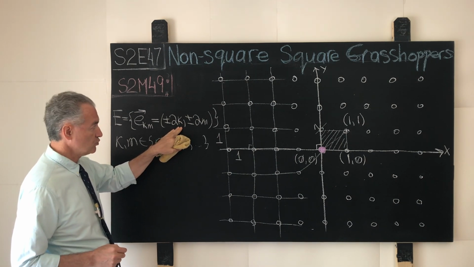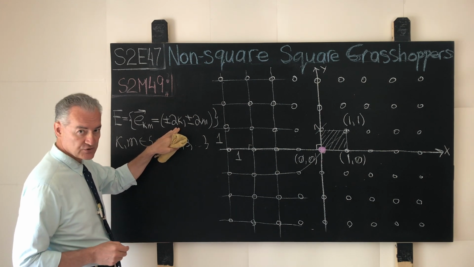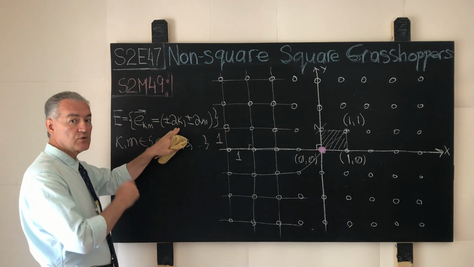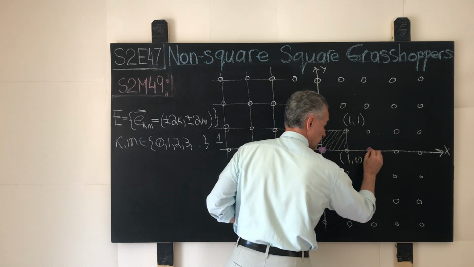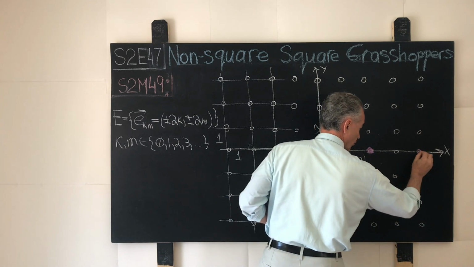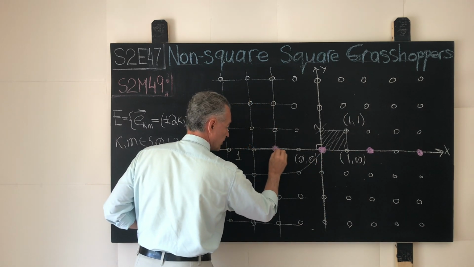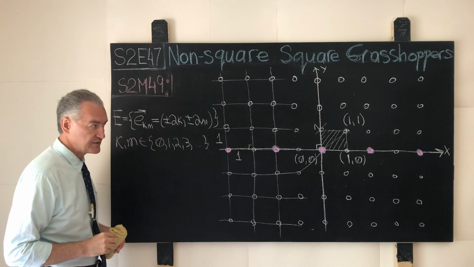Well, in steps of 2. When k is 1, what is the coordinate of the first even vector? Well, it will be (2, 0), and another one will be (-2, 0). So we get a red point over here, and a red point over here, and then a red point over here, and then a red point over here. You see, this is how these things work.